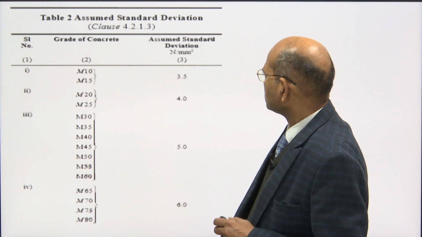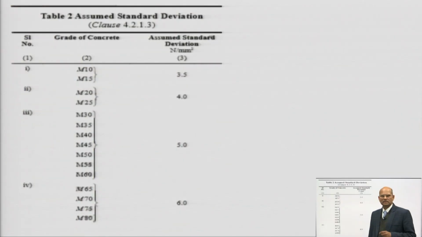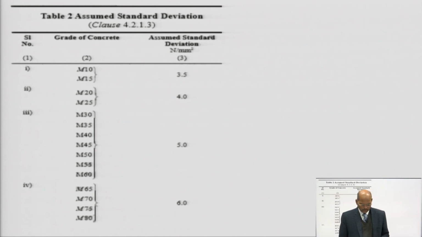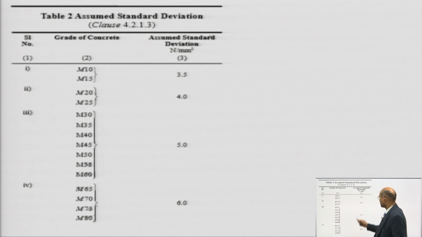If you do not have the standard deviation, if the value for the contractor is not known, what do we have to do? We have to assume a certain standard deviation depending on the quality of the contractor. If the quality control at the site is not good, then we have to increase this standard deviation by 1.